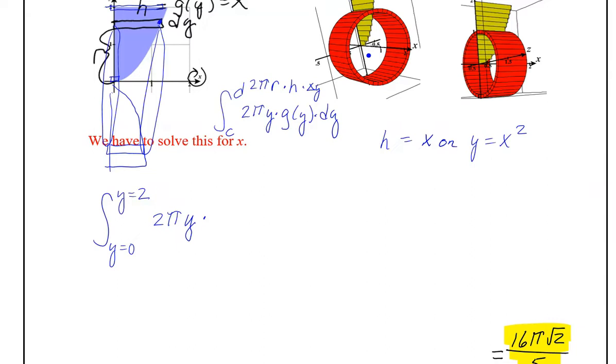Notice that I can take the square root, and since I only have the right arm, it's the principal root. This is the equation x equals the square root of y. That means that the height, which is equal to x on that curve, is equal to the square root of y. This becomes the next part of the formula to fill in. Then we multiply by the differential, which is dy.